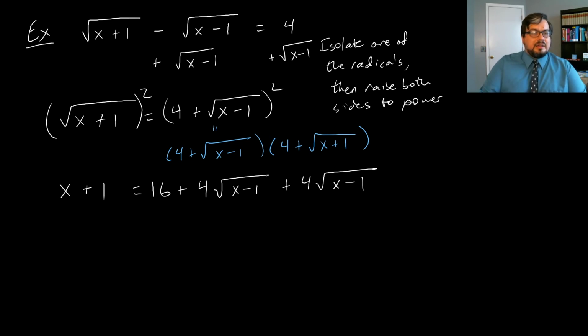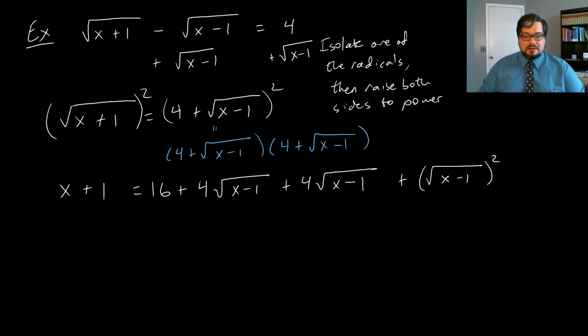I had a little mistake there. It's x minus 1 in both cases. And then plus the square root of x minus 1 squared, because we've got the same term in the second place for both of those factors that we're multiplying together.